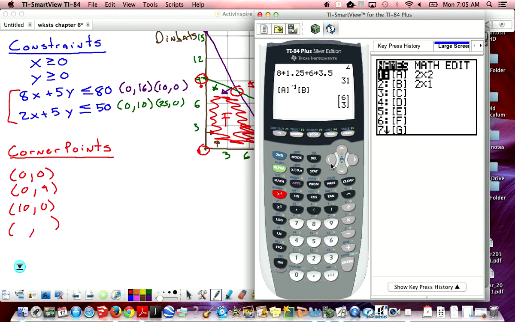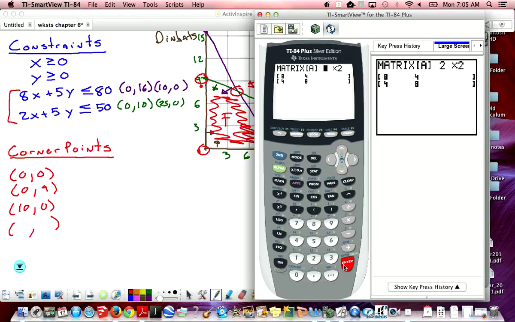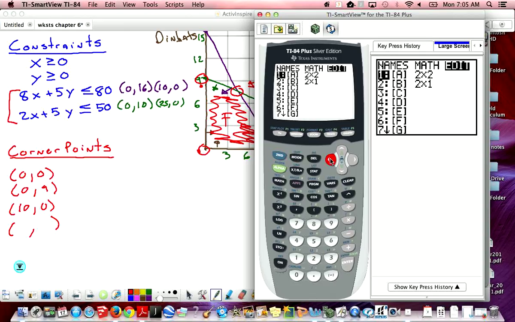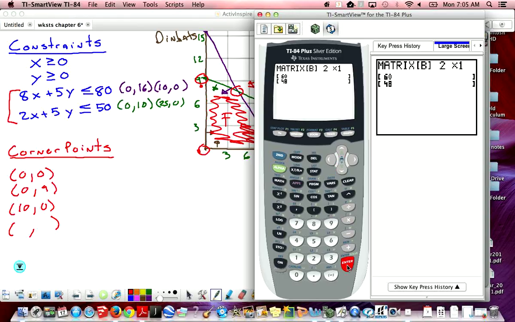So go back to my matrix menu, go over to edit. Let's change that 2 by 2. Instead of it being 8, 4, it's 8, 5, 2, 5. Exit out. Let's go back to our matrix menu and go to matrix B. Change this one now to, instead of 60, 48, it's 80, 50.